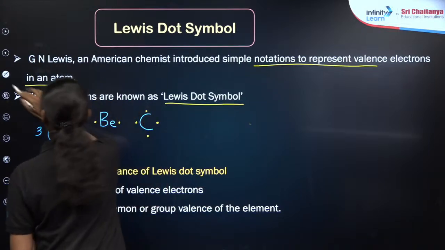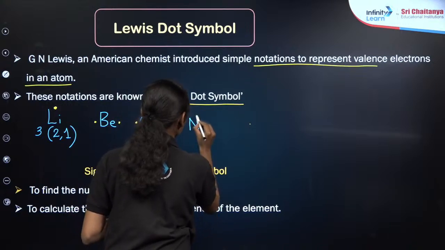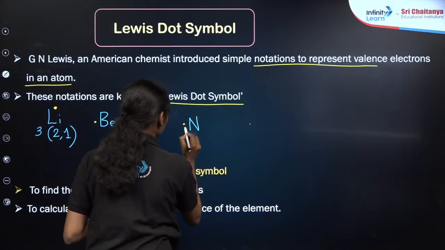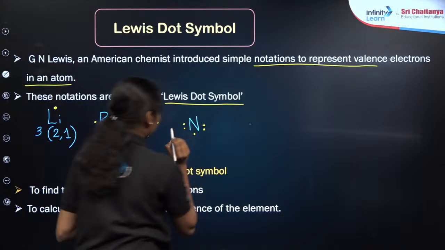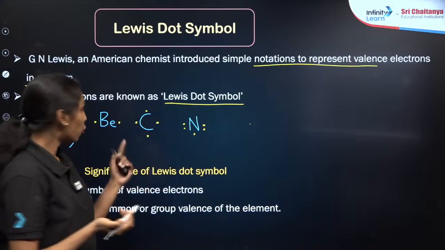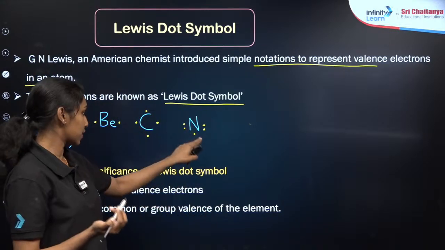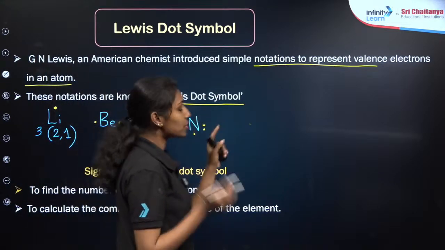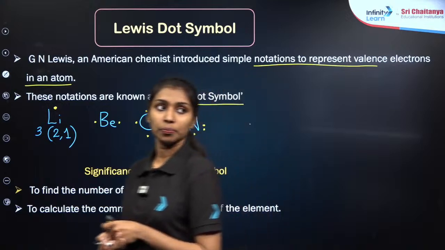Then nitrogen: 2, 5 is the electronic configuration of nitrogen, so 5 dots represent the 5 valence electrons present in the nitrogen atom. Similarly, and so on. Clear? This is the Lewis dot symbol of simple atoms or elements.